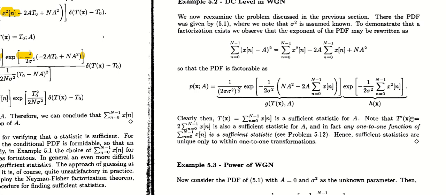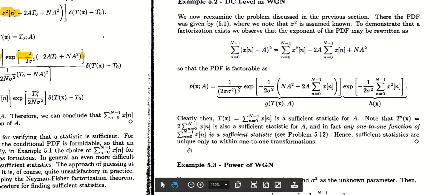Notice that T prime of x, 2 times the original T of x, is also a sufficient statistic for A. And in fact, any one-to-one function of this is a sufficient statistic. So sufficient statistics are unique only up to one-to-one transformations.